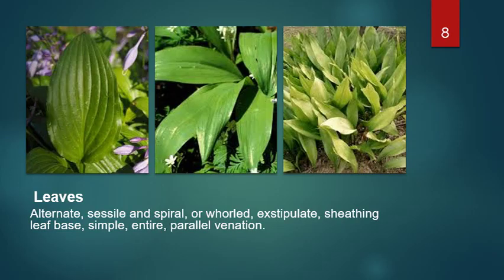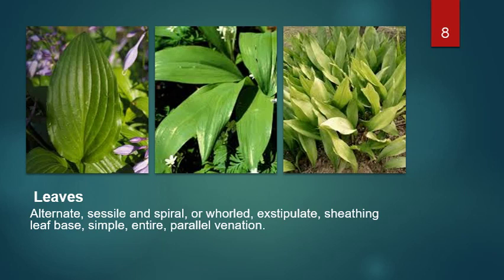The arrangement of leaves is alternate. It means each leaf arises at a different point or node on the stem. In the Liliaceae family, the petiole is absent, so the leaves are sessile. As far as the phyllotaxy of the Liliaceae family is concerned, the leaves are spiral or whorled in arrangement.